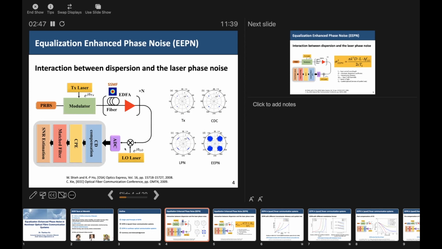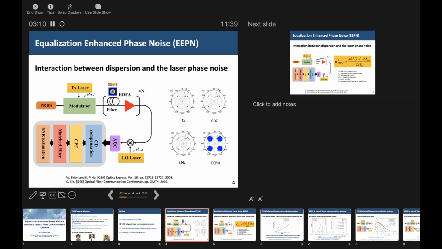On the receiver side we use a coherent receiver, where we mix the received signal with the locally generated laser signal to get coherent detection, detecting both the amplitude and the phase.